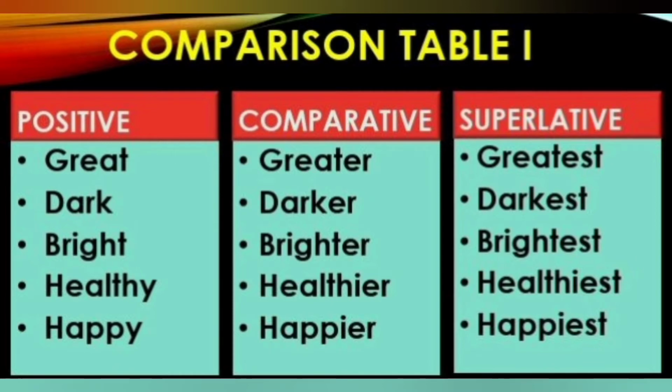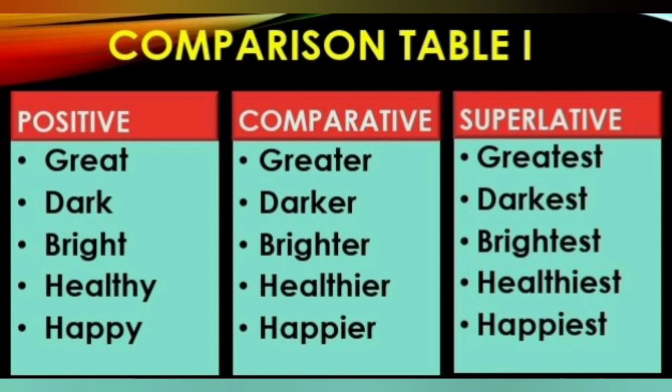Bright, brighter, brightest. Healthy, healthier, healthiest. Happy, happier, happiest. In the last 2 examples, we can observe that the word is ending with the letter y. So when it is ending with the letter y, we are supposed to remove the terminal y and add IER in comparative degree and IEST in superlative degree.